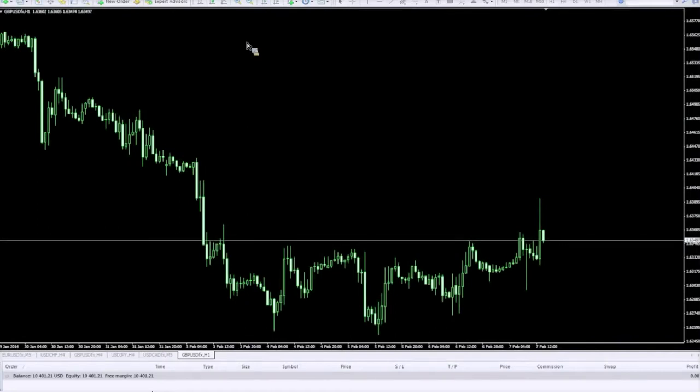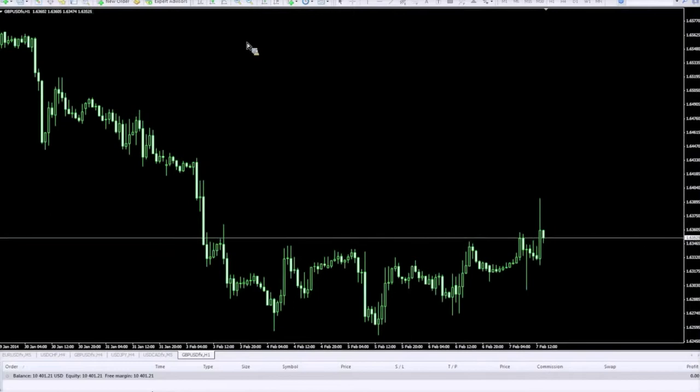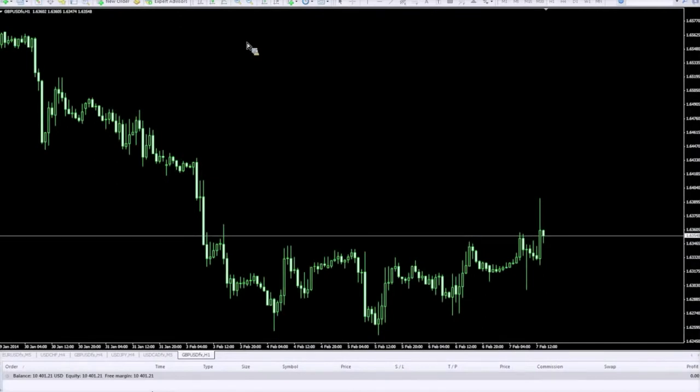These are two things that you really need to burn into your brain: the chart never lies and the market always moves in the right direction. Our job as a trader is to try to understand what direction price is moving in, and then try to take advantage of it and turn it into cash. That's why we come here to trade. We want to make cash.